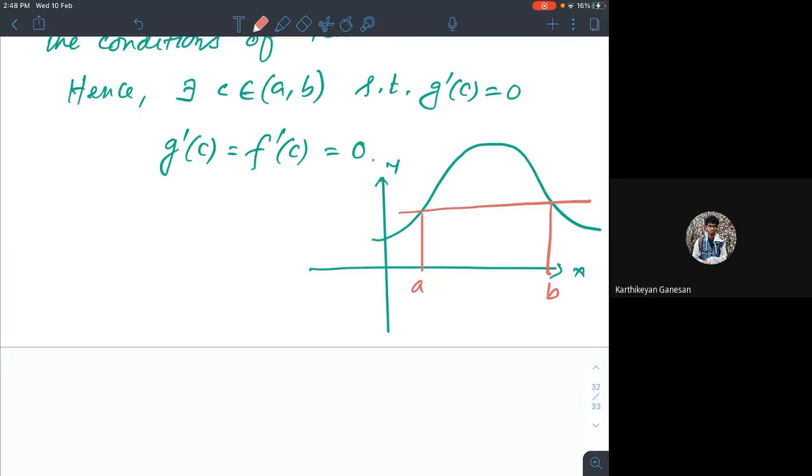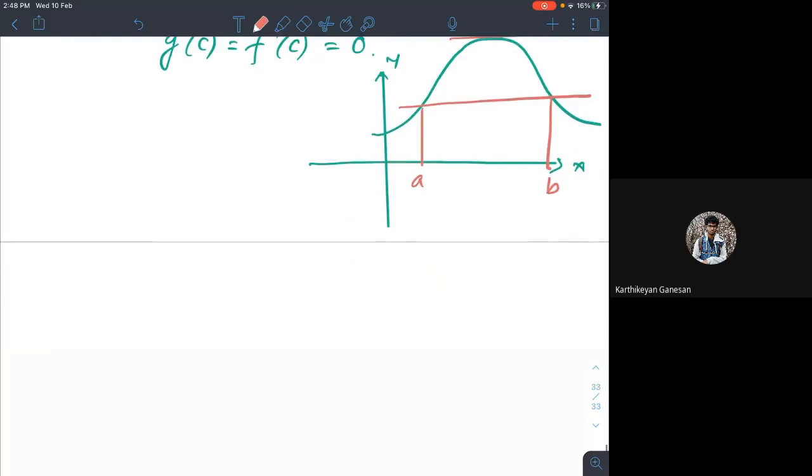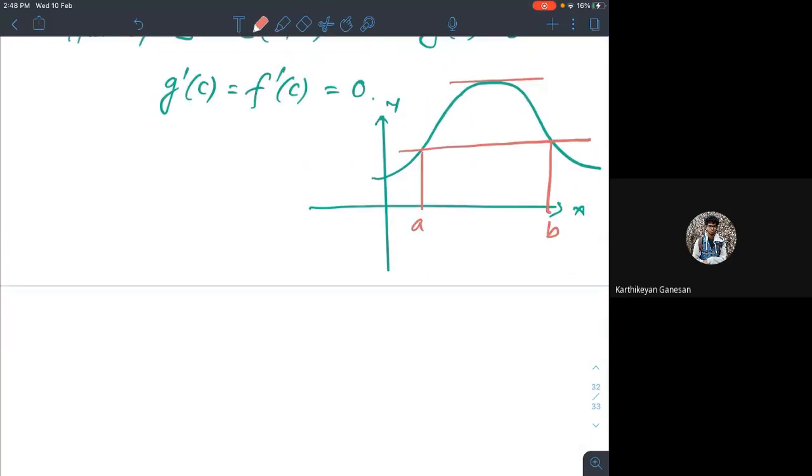Then you have a point here where the tangent is parallel to the x-axis. Now the point is, suppose this is not the case. So if F(A) is not equal to F(B), then how can you say?